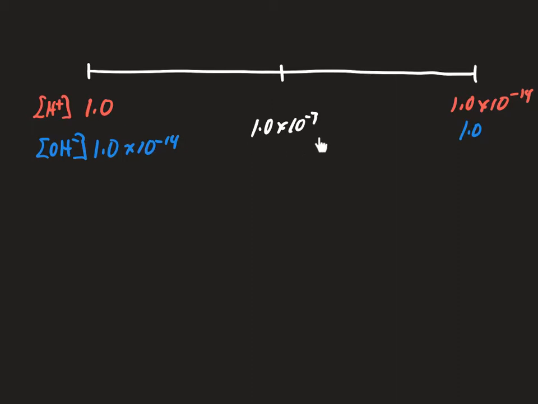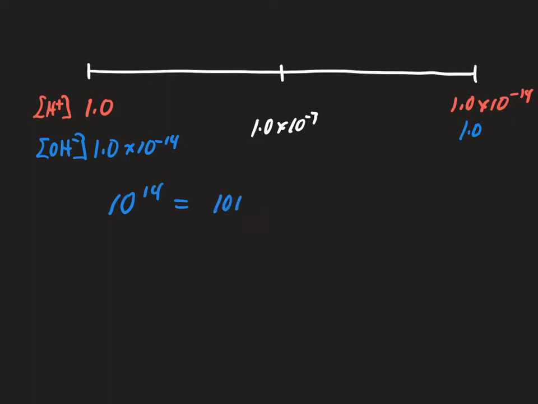The KW tells us that at 25 degrees. But this is, right, 10 to the 14th change, right? 10 to the 14th, let's see, 10 to the third is 1,000, 10 to the 6th is 1,000,000, 10 to the 9th is 1,000,000,000, 10 to the 12th is 1,000,000,000,000.